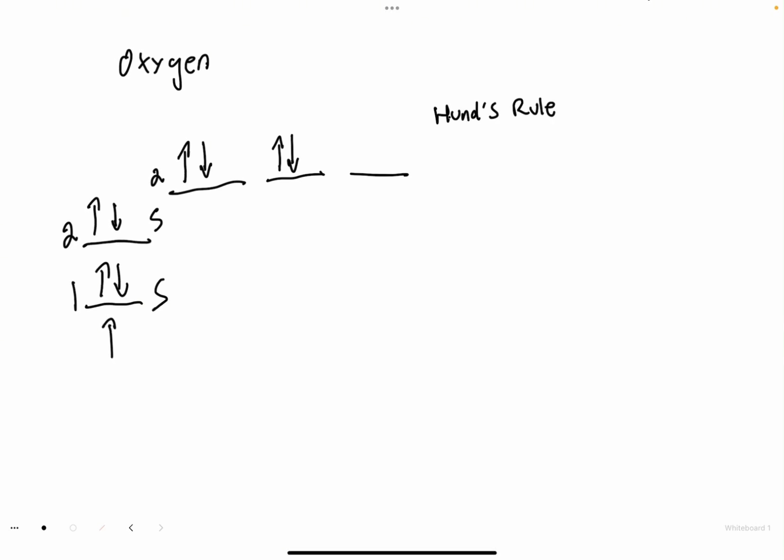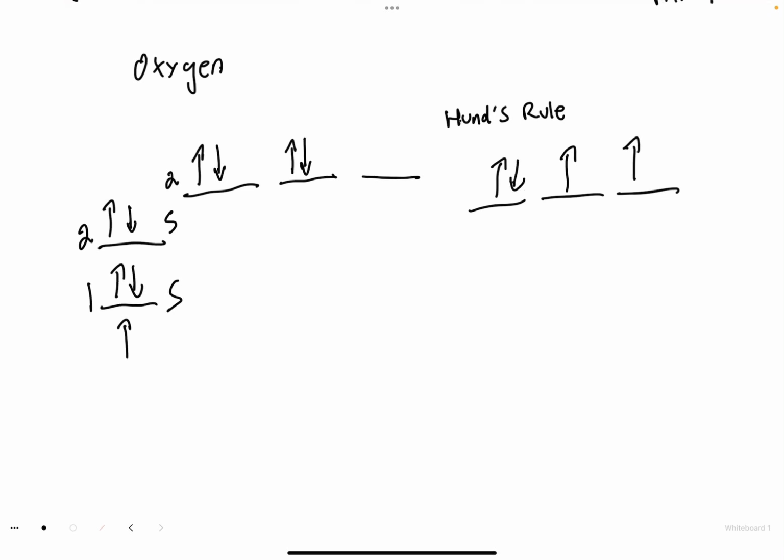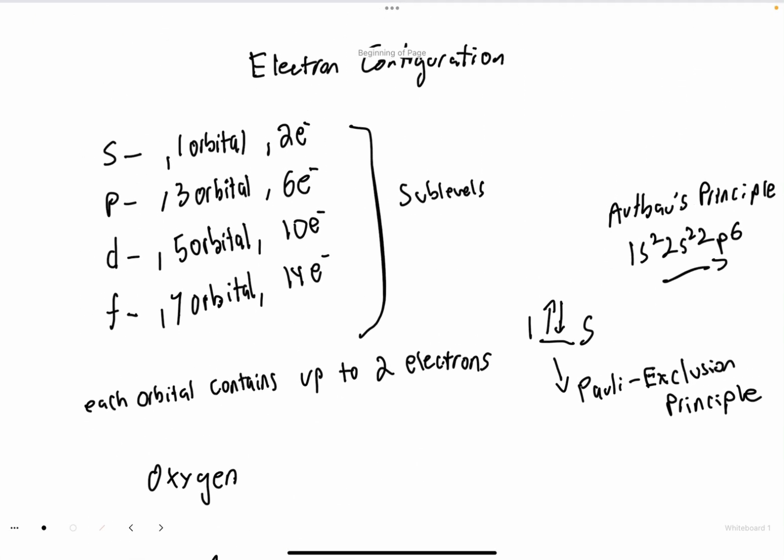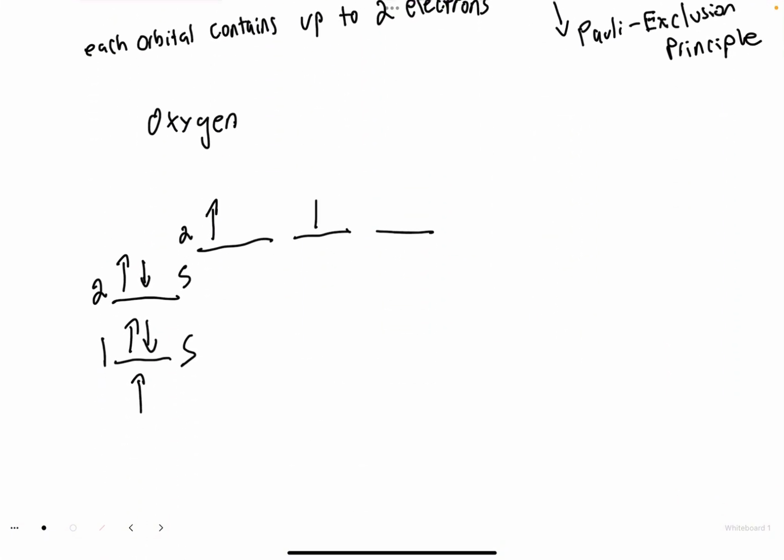Hund's rule states that all orbitals have to have something in them before you pair them up. So we need to fill all these orbitals up, and then we can go back down.